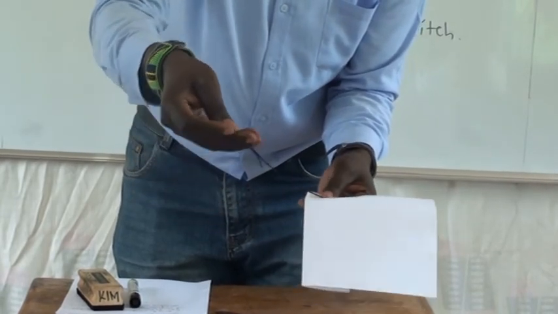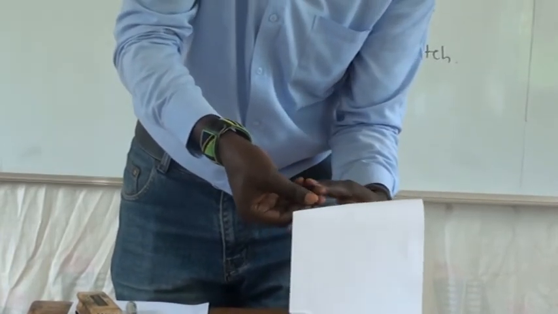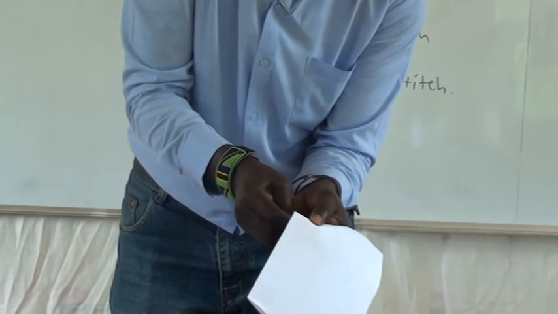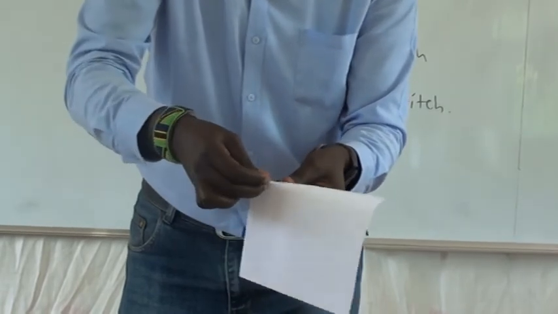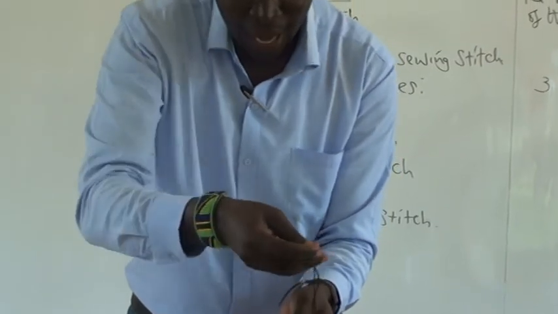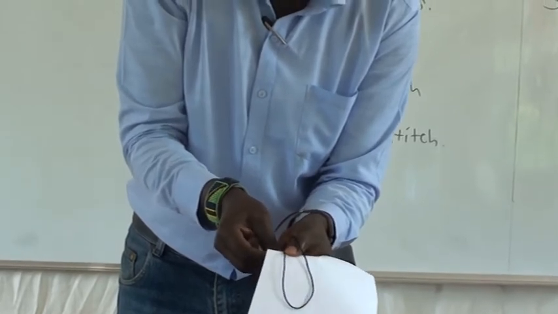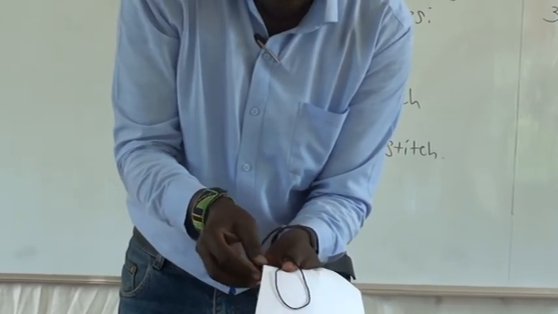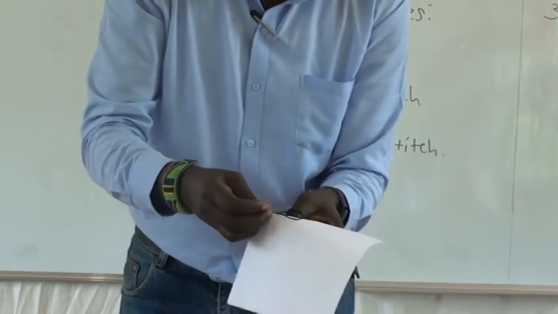For me to move on, I move to the next point at the same interval, and we bring it out. As we bring it out, for me to move again, I go back. That's why it is called the back stitch. And up to the other point again.